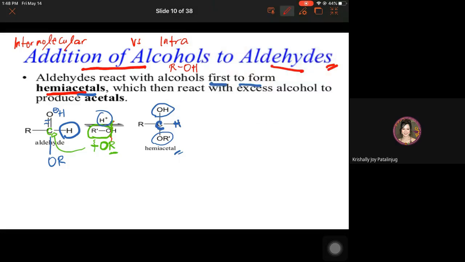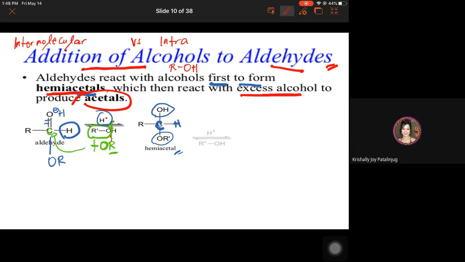Because hemiacetal can further react with an excess alcohol to produce the more mature product. And what is the final product when we add alcohol to an aldehyde? It's the acetal. So what happens to form the acetal from hemiacetal by adding excess alcohol?